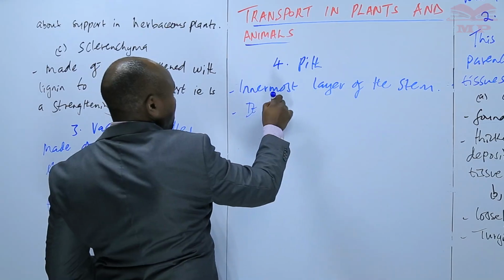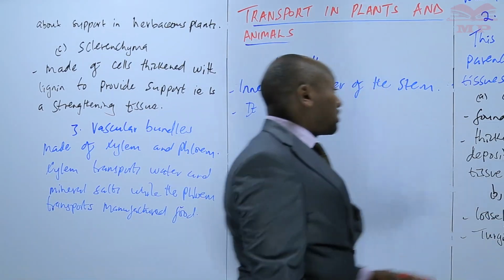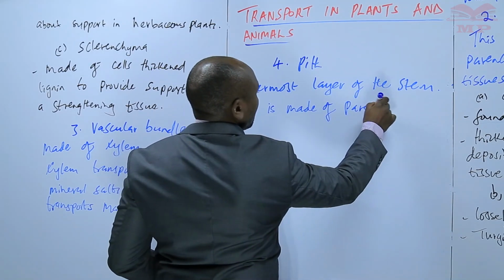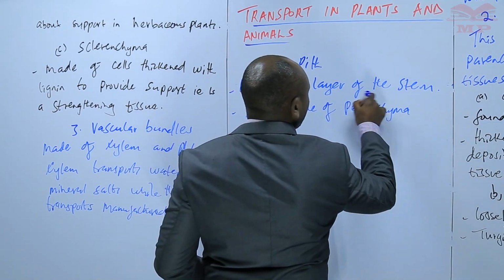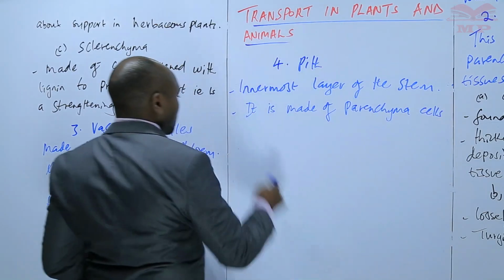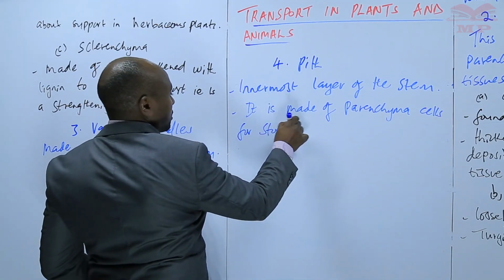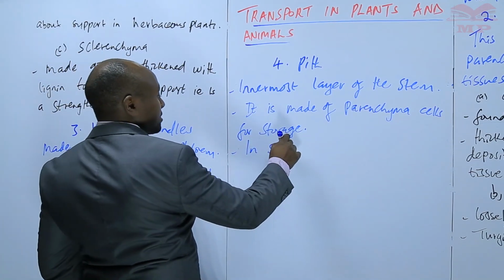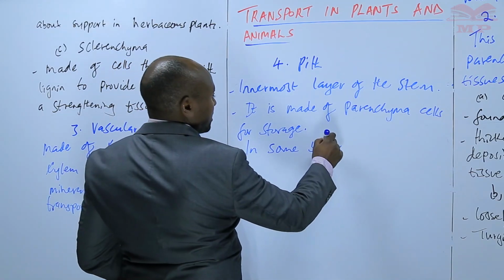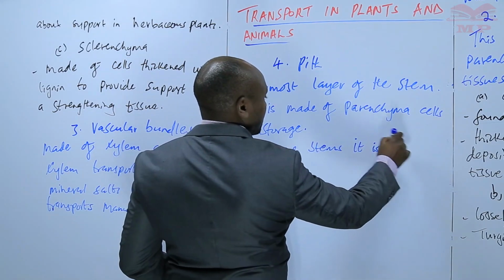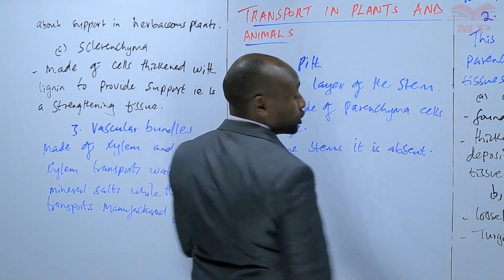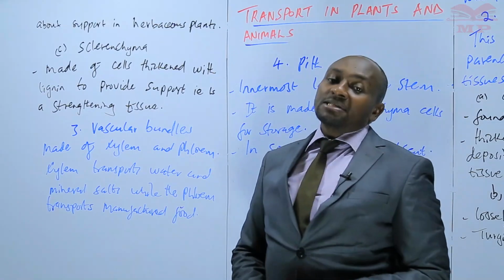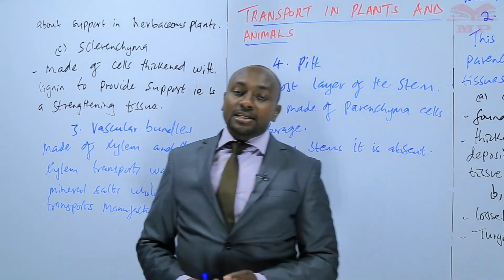It is made of parenchyma cells, just like the ones that we have seen in the cortex, for storage. And it's also worth mentioning that in some stems, it is absent. So it's not in all stems where we have the pith. It's only found in some stems, especially the dicotyledonous stem.